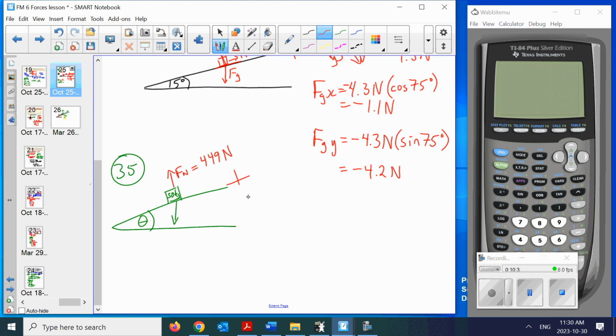I'm going to assume that we're using an XY axis system with the axes parallel and perpendicular to the ramp. Okay? Now, there is a component of the weight force. It's right there, FGY.